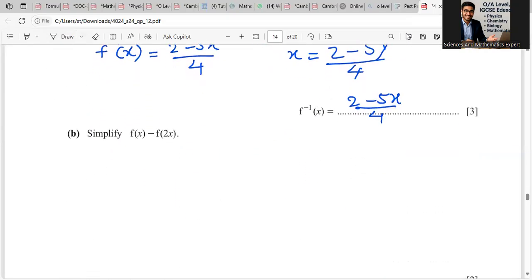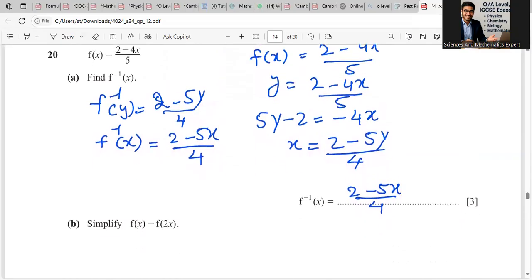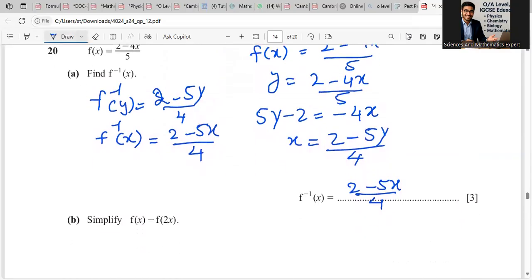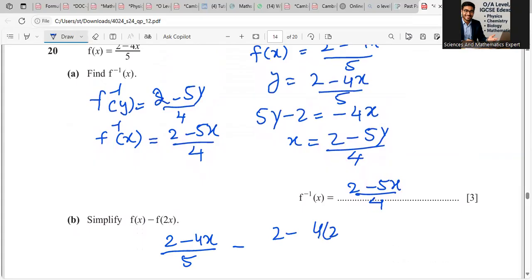Now f of x minus f of 2x. f of x is 2 minus 4x over 5, minus 2 minus 4 into 2x over 5. So I have just replaced x with 2x for subtracting both of them.